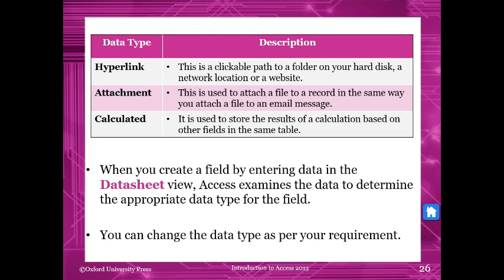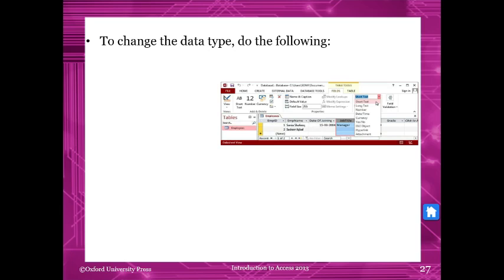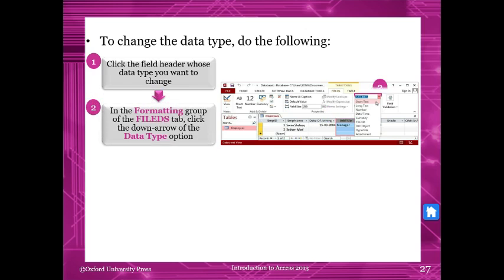same table. When you create a field by entering data in the datasheet view, Access examines the data to determine the appropriate data type for the field. You can change the data type as per your requirement. To change the data type, do the following. Click the field header whose data type you want to change.